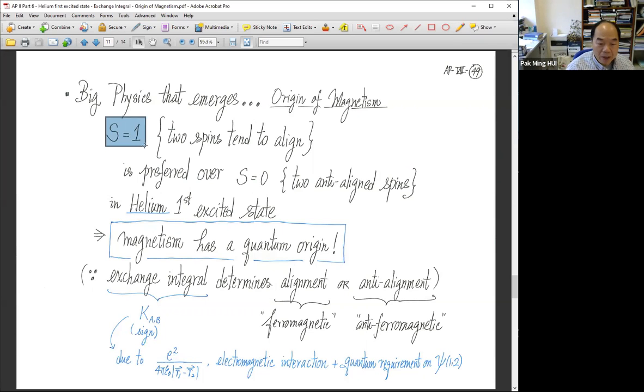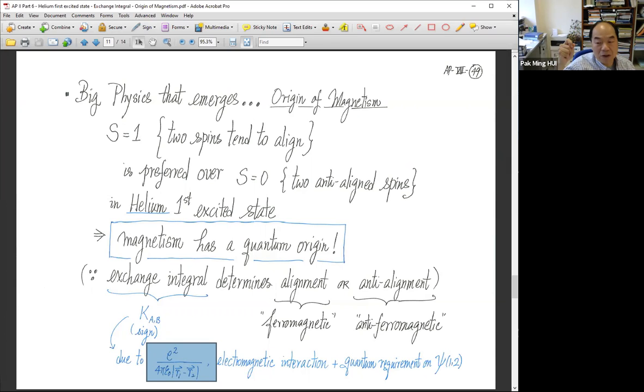So somehow, in this simple discussion, we see that the Coulomb electron-electron repulsion selects or prefers spins to be aligned in this helium atom case. And that is a big, big piece of physics, because that is the beginning of the understanding of magnetism.